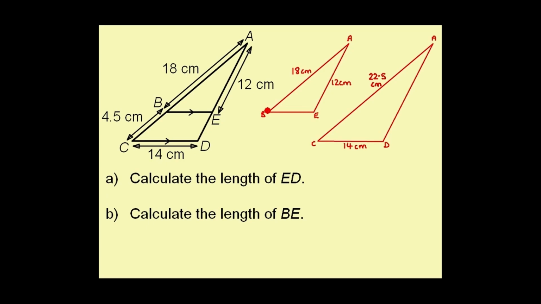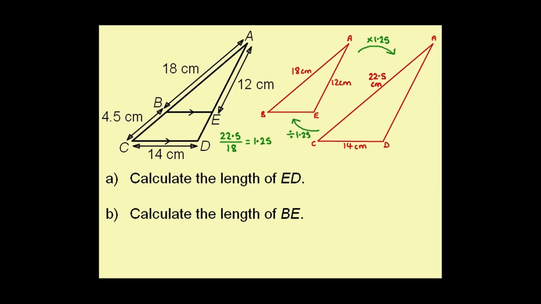So the corresponding sides are the 18 and the 22.5. So the scale factor is 22.5 divided by 18, and this gives me 1.25. So I multiply by 1.25, and I can also divide by 1.25.